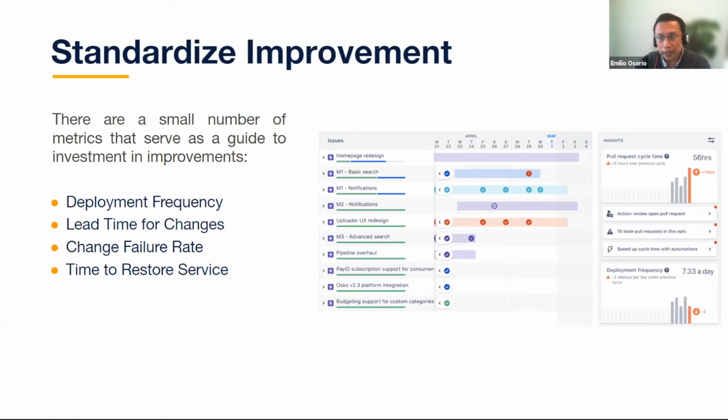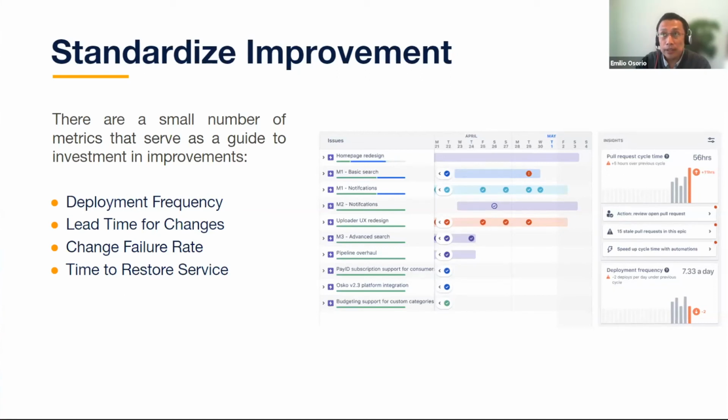Our take is that as leaders of these transformations, we should focus on what really matters. And what really matters, and that's the essence of DevOps, is this continuous cycle of improvement. If you improve 2% every month, really fast, by the law of compound interest, you are going to have huge improvements in a few months.